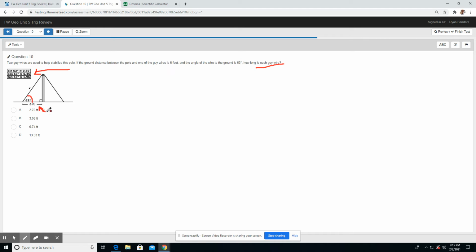This right here is going to be the adjacent side. This right here is the opposite side. And SOHCAHTOA. All right, adjacent and, it's not opposite, hypotenuse.